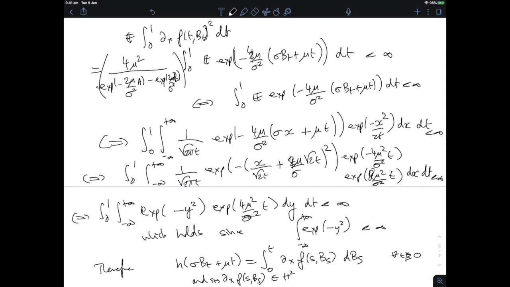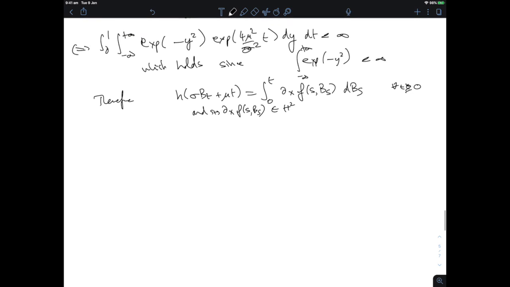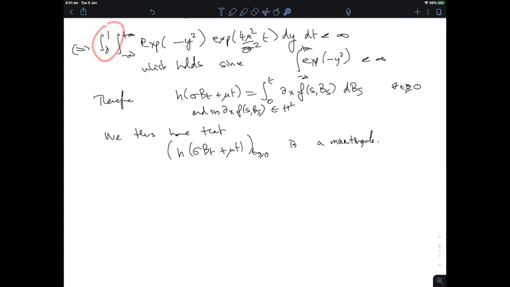Now, take that time interval 0 to capital T. What that gives me is that h of sigma bt plus mu t is a martingale. There's an interesting point here. Being a martingale is a property for fixed t, so I don't need to be able to integrate all the way to infinity.